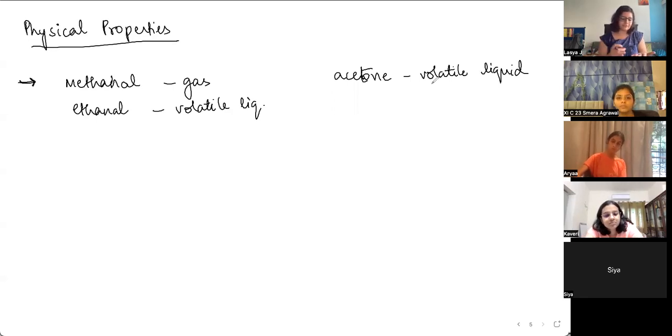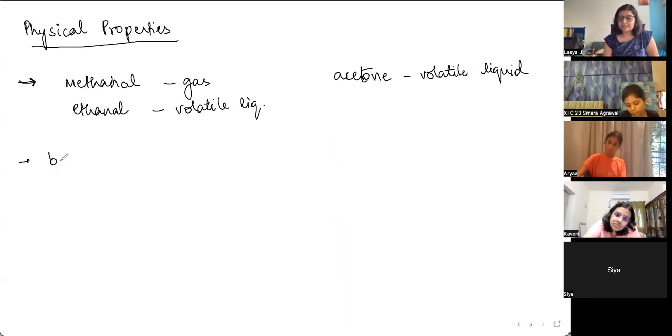If you drop a couple of drops of the remover on your hand, it dries up very quickly. It evaporates and you have that cooling sensation also. That's because it's very volatile, with a very low boiling point. So as the number of carbon atoms increases, the boiling point of ketones also increases.